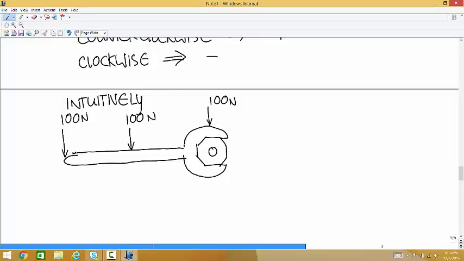This one, you could get it to turn, but you have to apply twice as big a force as you would if you applied it here. Okay, so that's the idea of a moment intuitively. You get more bang for your Newton buck by moving the force far away from the axis of rotation.